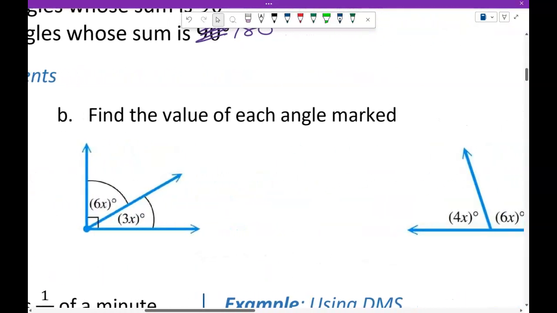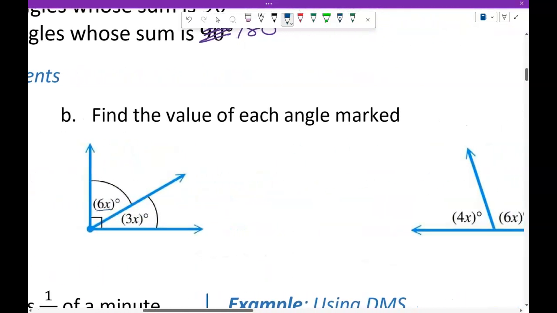When we're given algebraic expressions, we can then use that relationship with the algebraic expressions to write an algebraic equation, allowing us to solve. The angle measuring 6x plus the angle measuring 3x has to equal 90 degrees for the complementary relationship. When we simplify and solve, we find that the value of x ends up being 10.